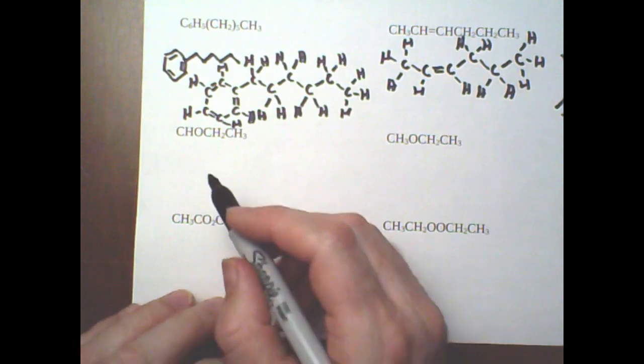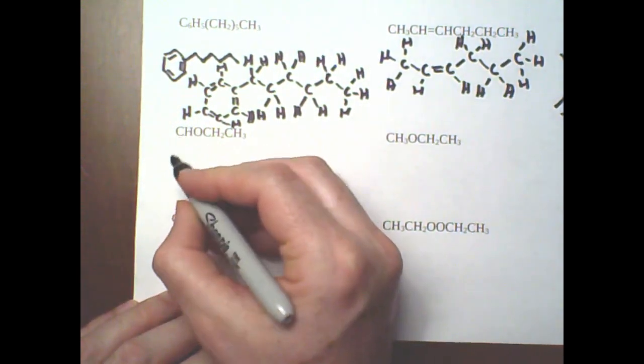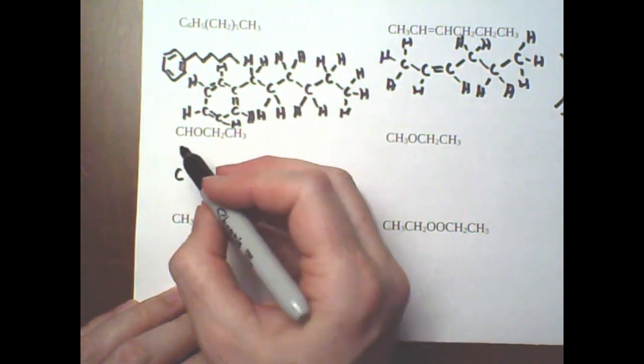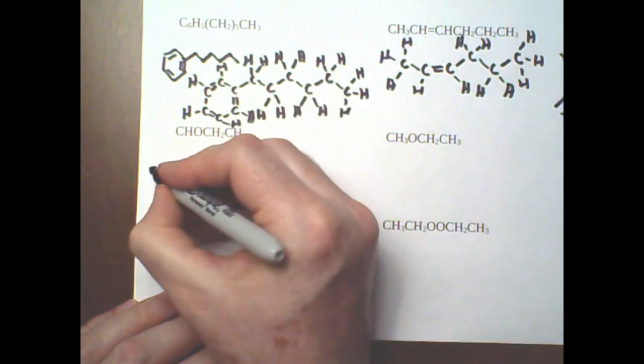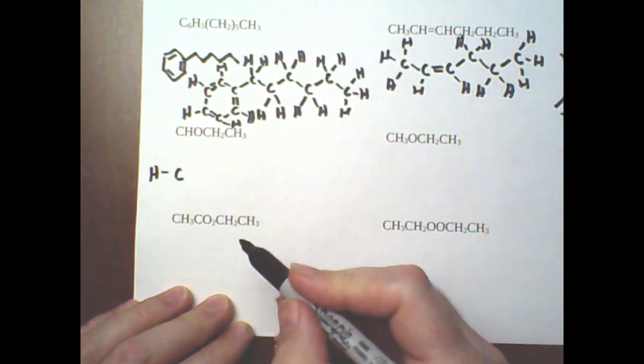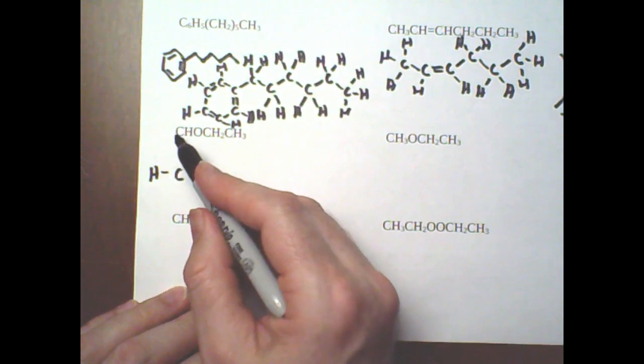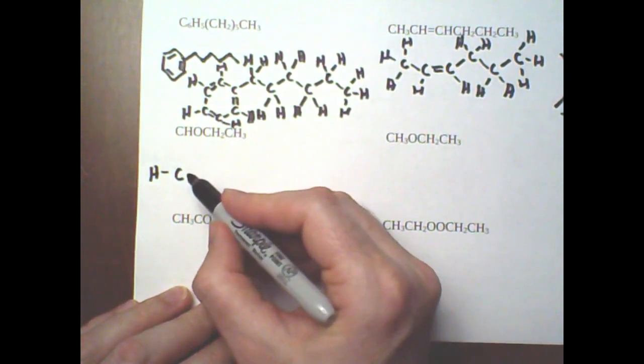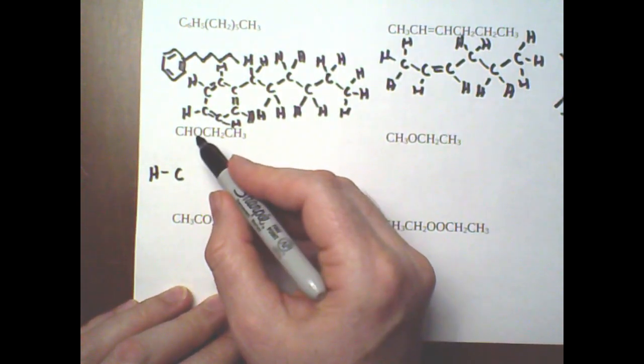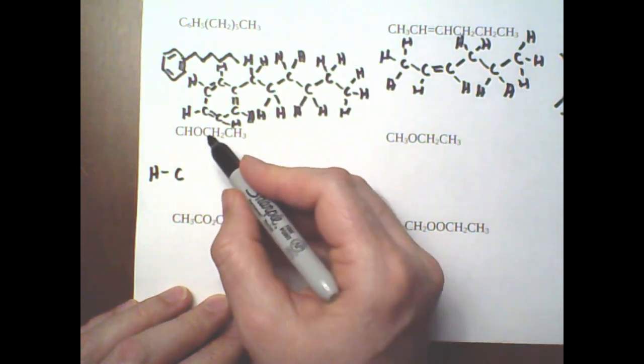Some more practice. Here we've got a C connected to an H. H is always going to go on the outside. Can't ever have an H connecting a C to an O. We've got an O. It could, because O can form 2 bonds, it could go to this C here.